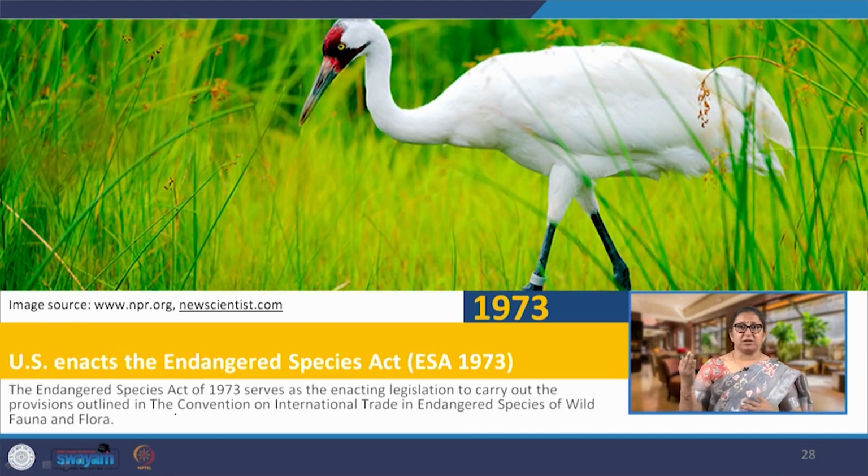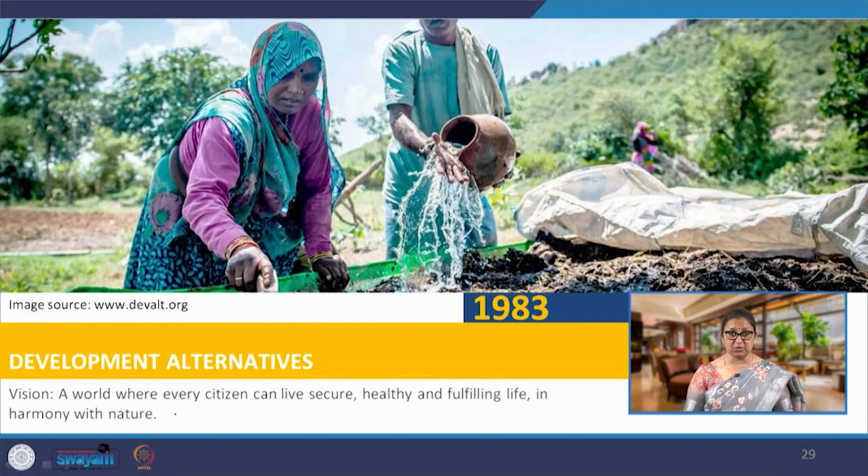After that, there have been a series of events, for example, the US enactment of the Endangered Species Act, where the rights of the endangered species and the legislation to protect the areas for endangered species was carried out. In 1983, Development Alternatives as an organization was formed.